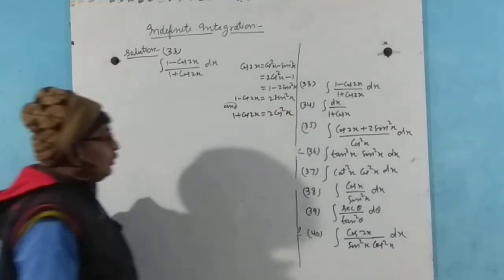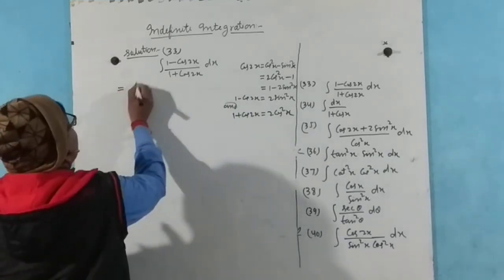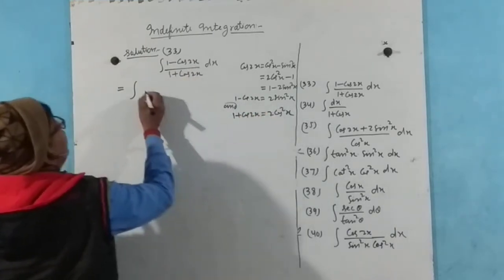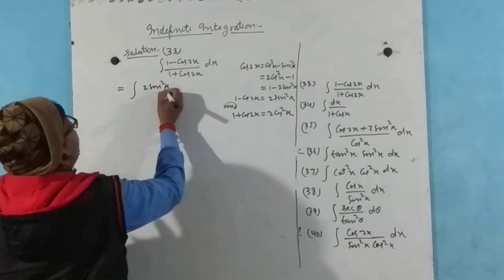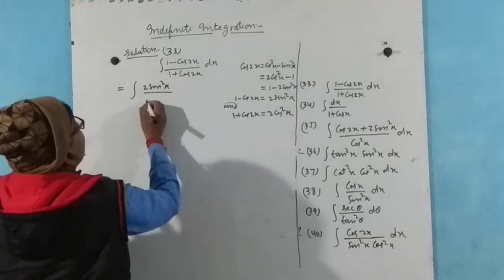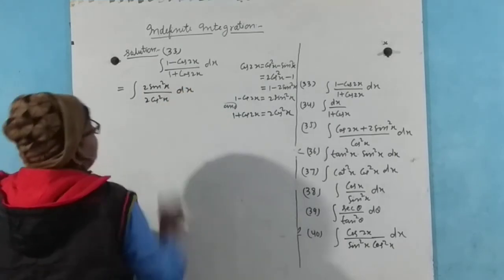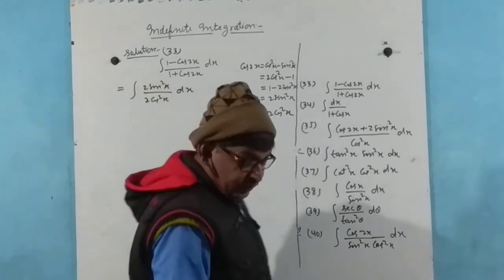Now putting these two in this case, integration of 2 sin square x divided by 2 cos square x dx.